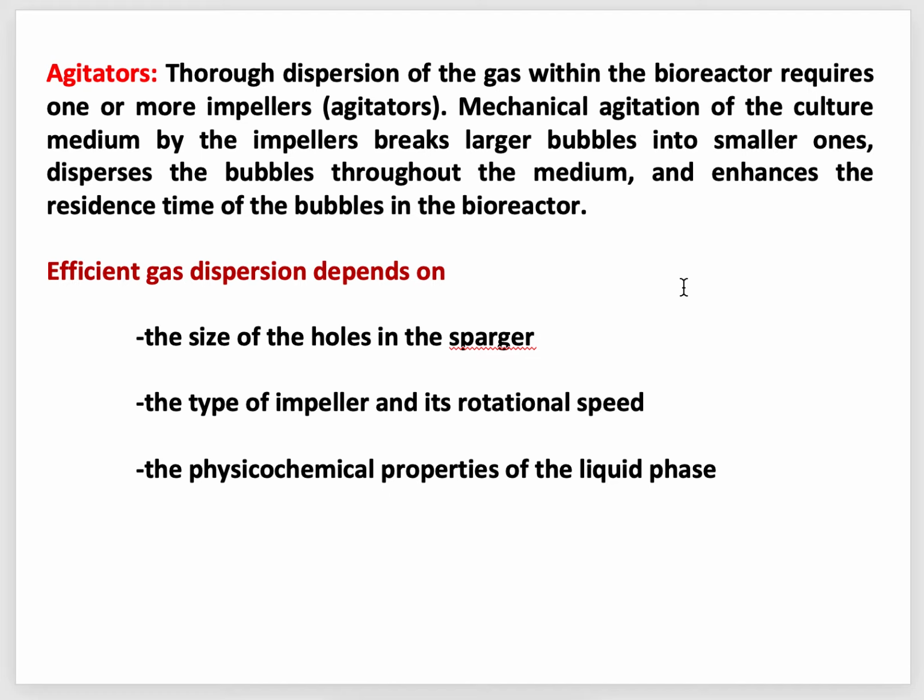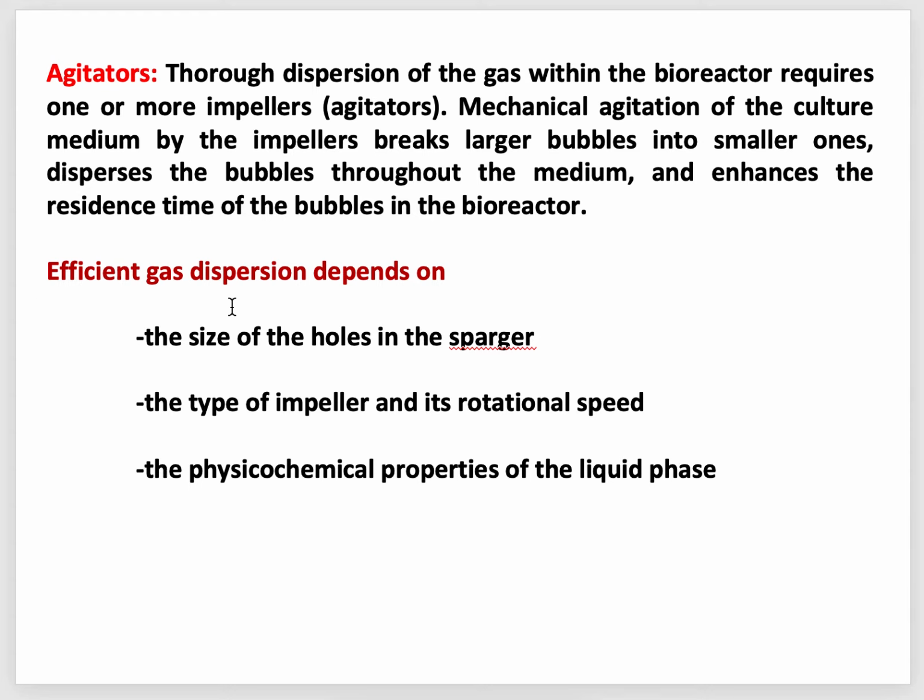If we can break the bubbles up, there will be smaller bubbles, right? A smaller bubble has more surface area than a larger bubble. So if you can produce smaller bubbles, the surface area will increase and mass transfer will be more efficient. And we can do this by using impellers, because impellers can break larger bubbles into smaller ones.